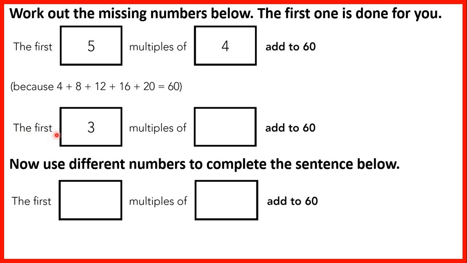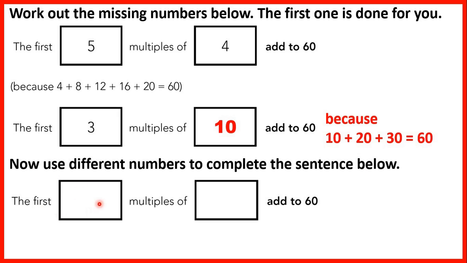Now, the first 3 multiples of which number add to 60? Well, the first 3 multiples of 10 add to 60, because 10 plus 20 plus 30 is 60. Now use different numbers to complete the sentence below.